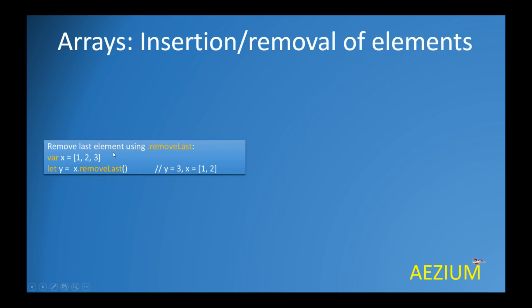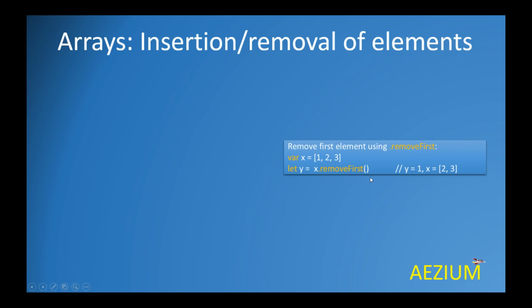If we wish to remove the last element of an array, we use .removeLast. This arrangement here will return the removed value, which is assigned to y by this line of code. And after this line is completed, x will be the array of 1 and 2, with the last element 3 removed.